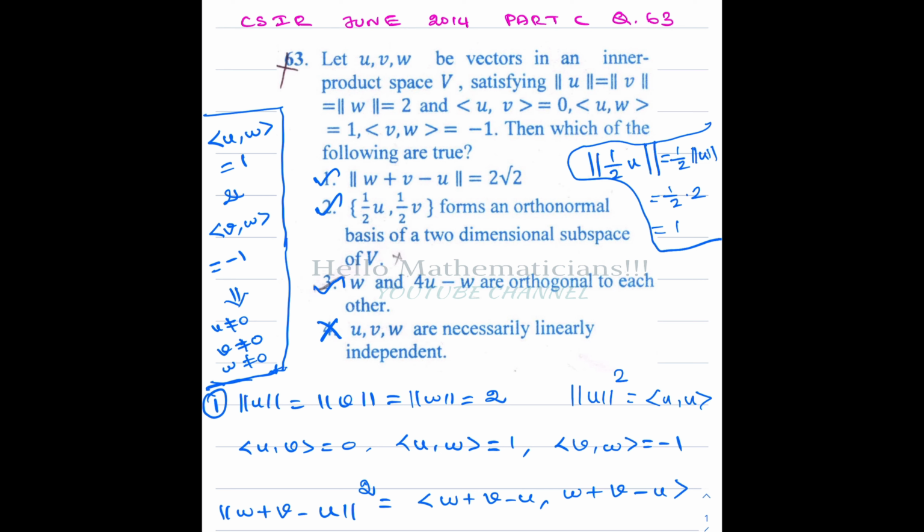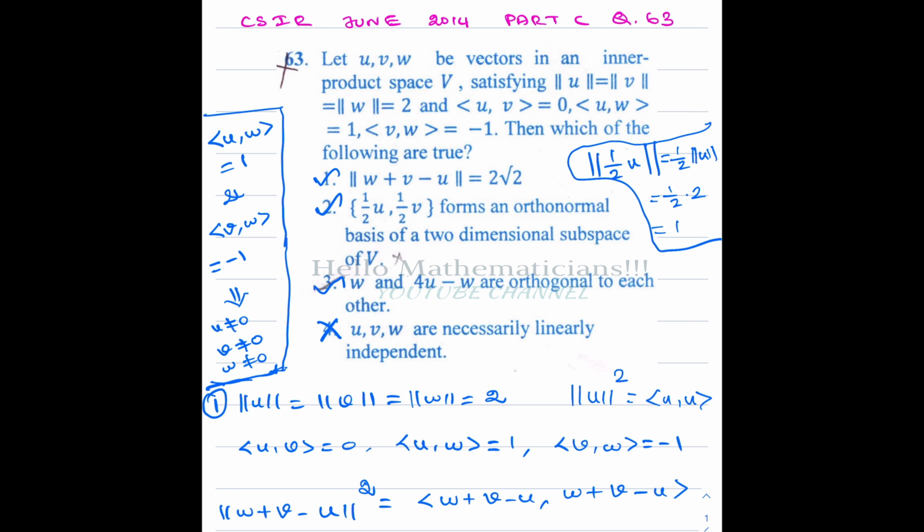If you consider R2, these three are non-zero vectors. But R2 has dimension only 2. Therefore in a two-dimensional vector space you cannot have three linearly independent vectors.